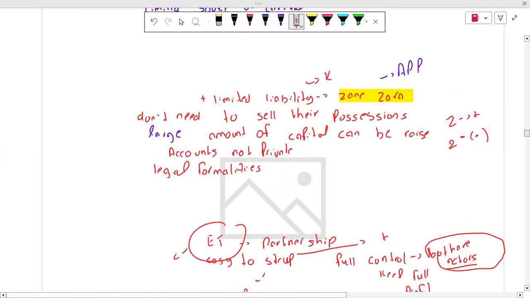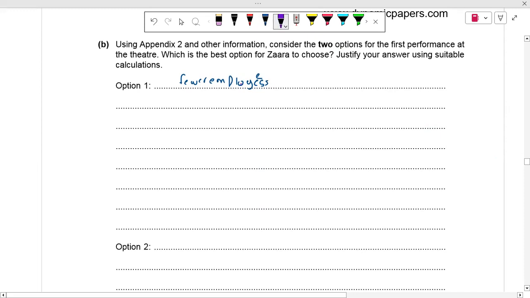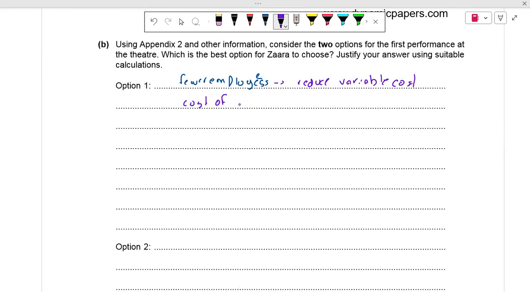Okay, so we will analyze this table. First of all, there will be fewer employees in option 1. It means that they will reduce variable cost. And basically the cost of scenery is lowest in the 2 options, which is $1,000.